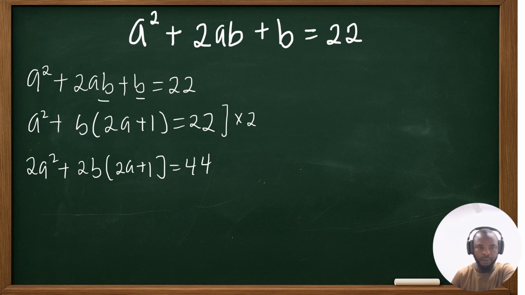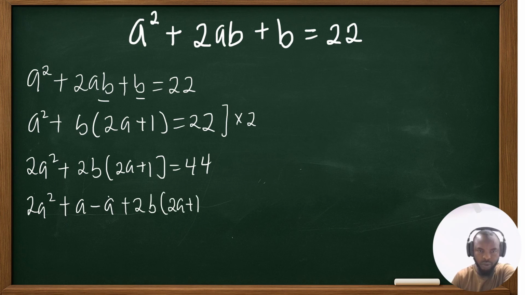So here, for a squared, I'm going to introduce plus a negative a. So here, plus a negative a plus 2b into parentheses 2a plus 1 equals 44.